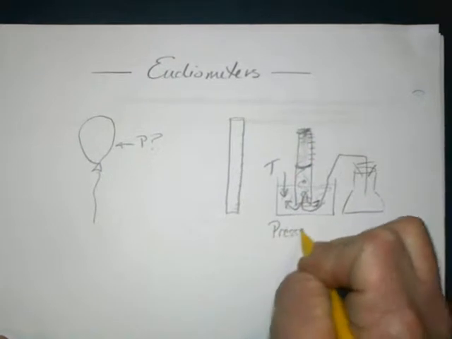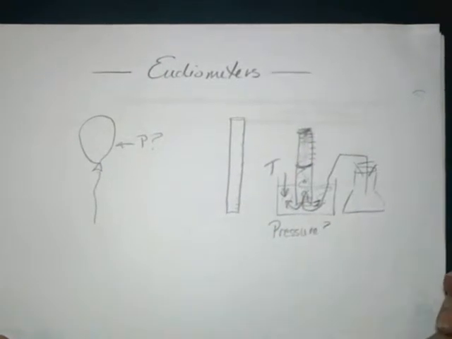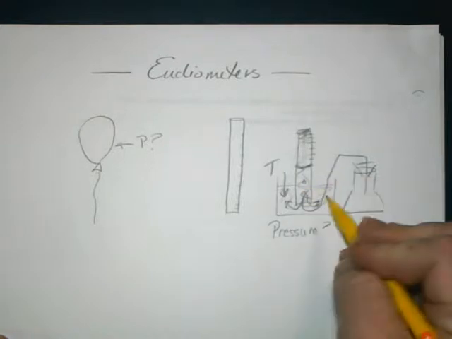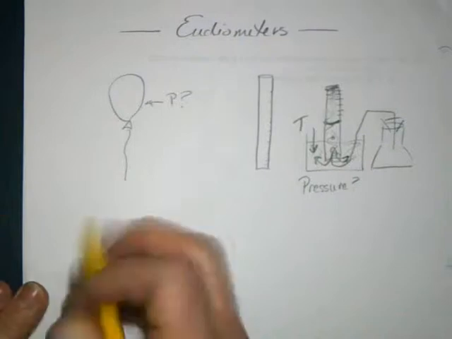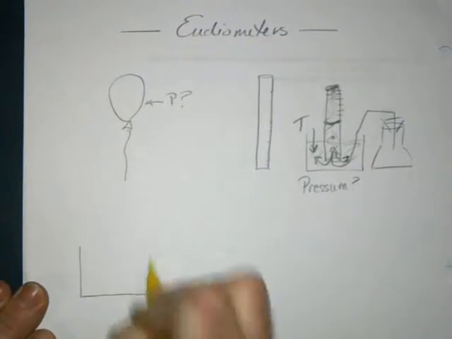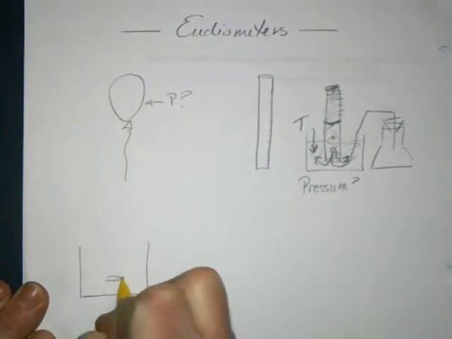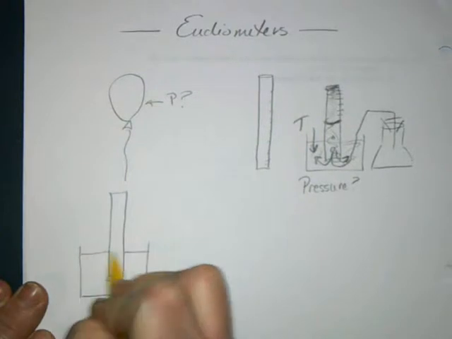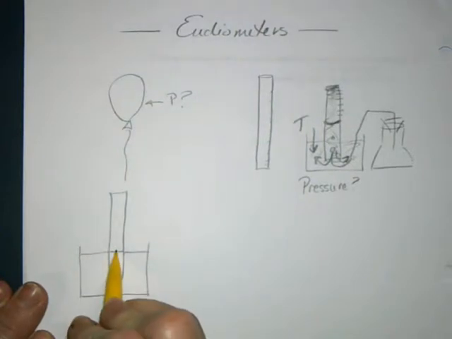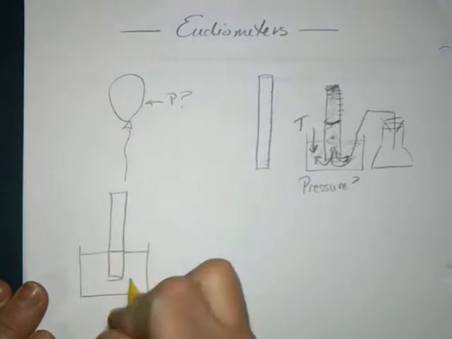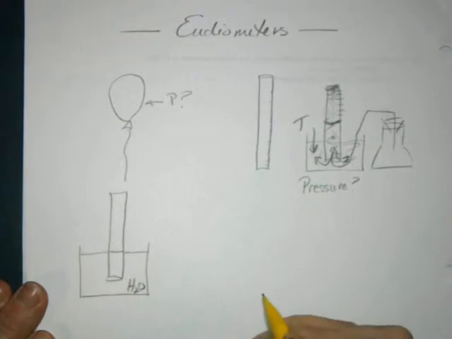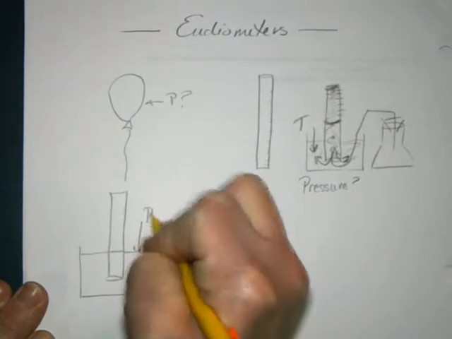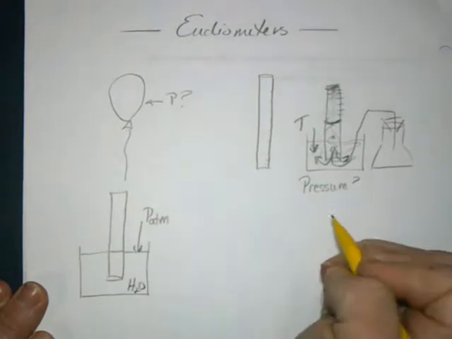So again, how do we get the pressure of the gas? Well, with a barometer, we can measure the pressure of the gas on the outside. So if I can go ahead and draw the situation that we'll have. Let's just say our reaction produced enough gas that the liquid level inside and outside are the same for the eudiometer. We will know the pressure of the atmosphere from the barometer reading.